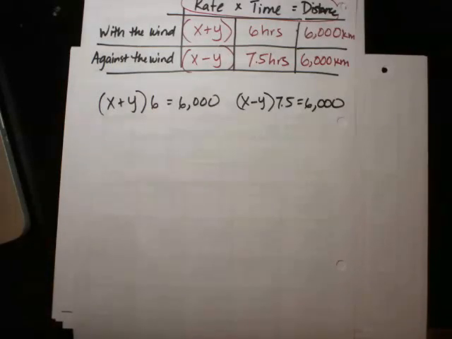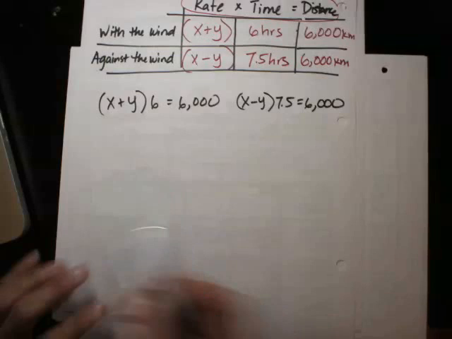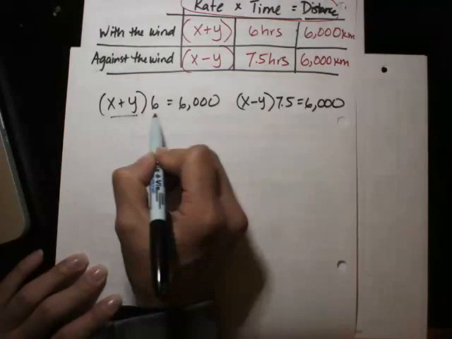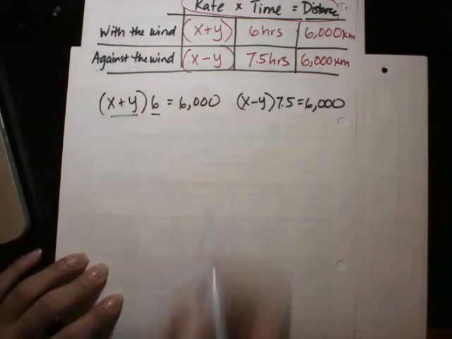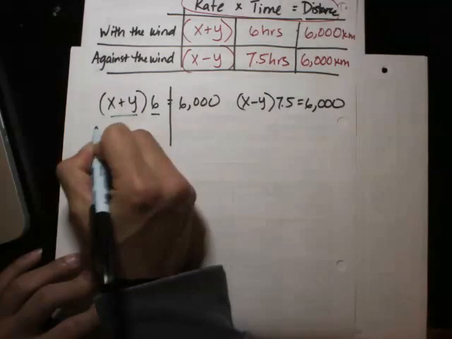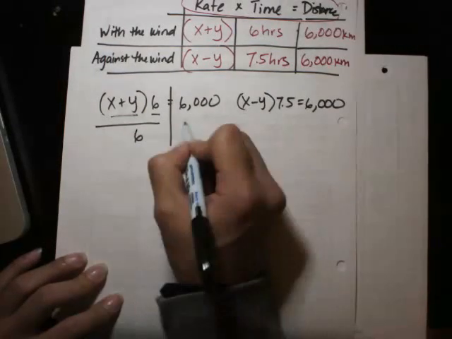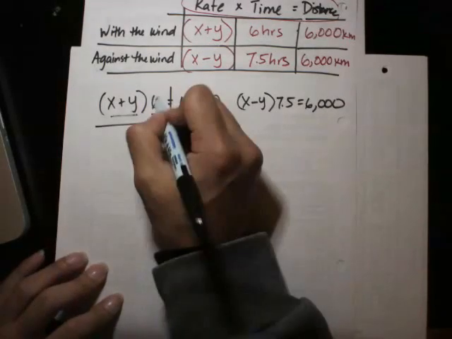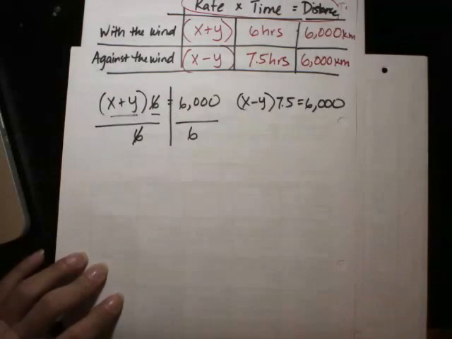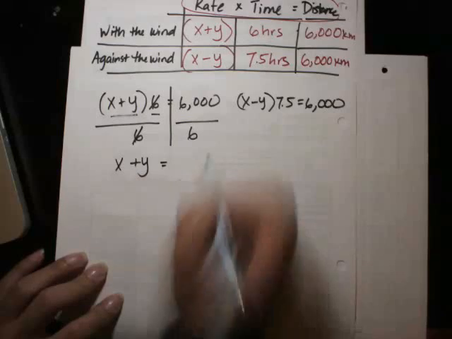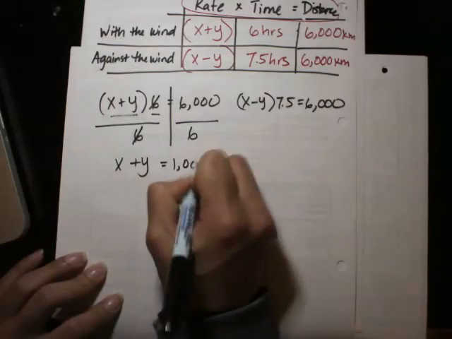Well, you know that when the parentheses are here, you're multiplying this entire quantity by this number. So what this means is, if you draw your wall of equality, you can divide the left side by 6 and the right side by 6. You can cancel out the 6. You'll be left with x plus y. 6,000 divided by 6, you'll be left with 1,000.